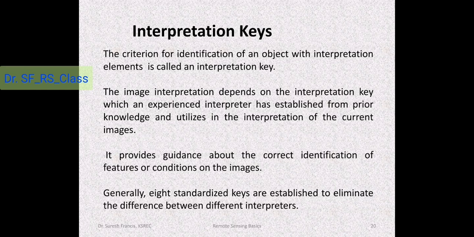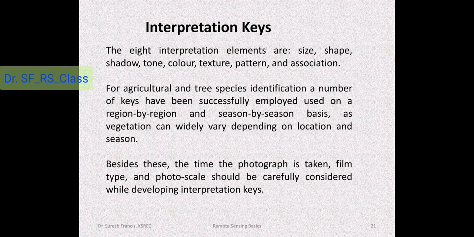Generally, standardized keys are established to eliminate differences between different interpreters. From these interpretation elements, we have 8 interpretation keys to avoid variation between different interpreters. The 8 interpretation keys are the same as the elements: size, shape, shadow, tone, color, texture, pattern, and association.